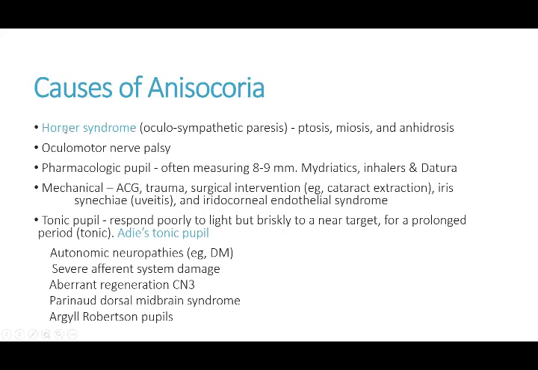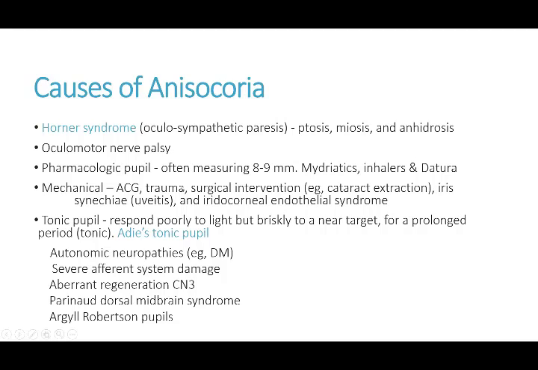Now, causes of anisocoria. Number one, Horner's syndrome, also called oculosympathetic paresis. What happens in Horner's syndrome? There is ptosis, lowering of the lid, meiosis, and anhidrosis. Anhidrosis means loss of sweating in one half of the face. Then number two is oculomotor nerve palsy.